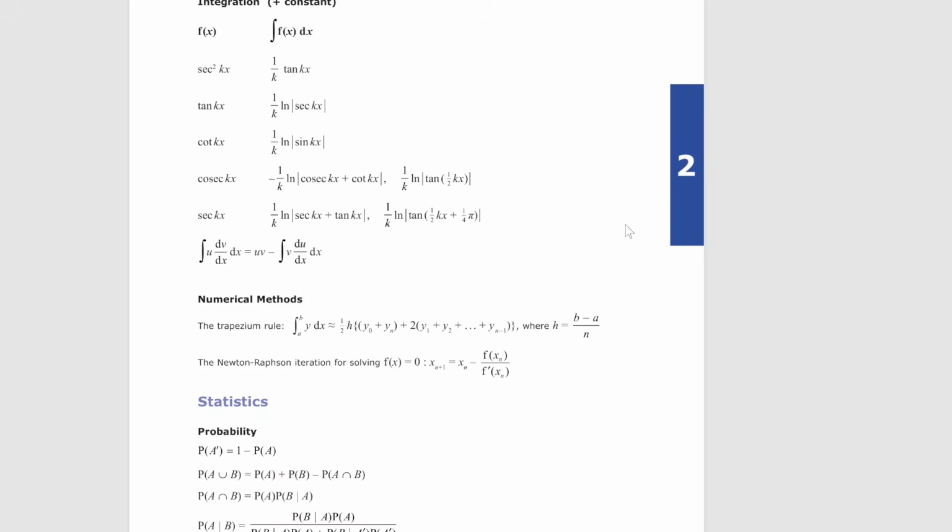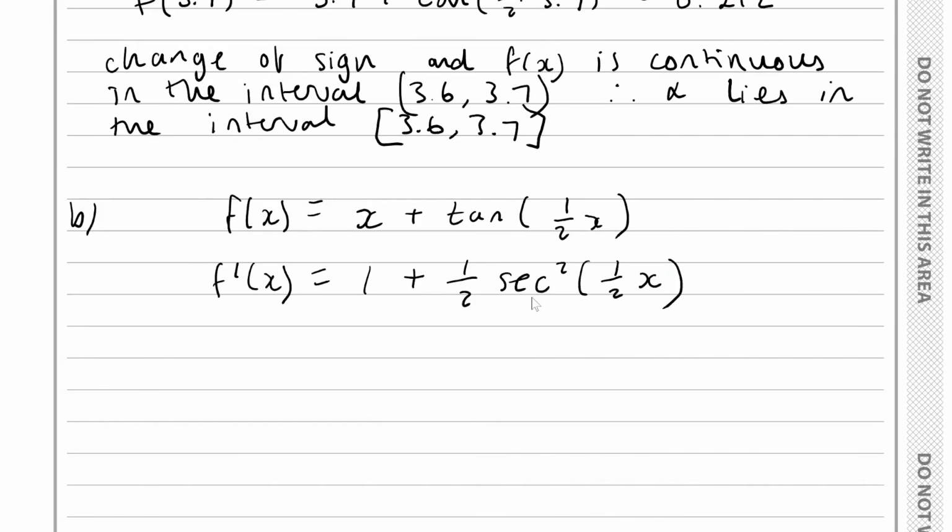So the Newton-Raphson iteration is xn plus 1 equals xn minus f of xn over f dash xn.